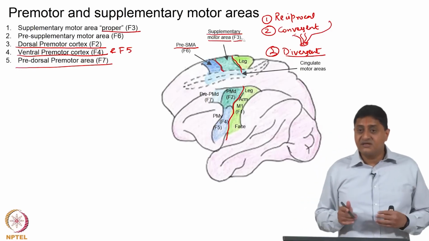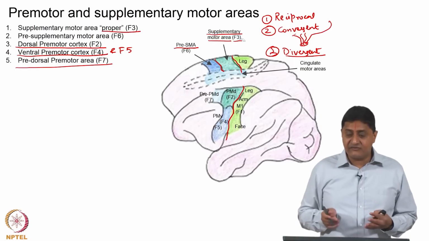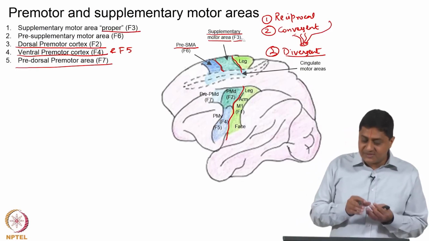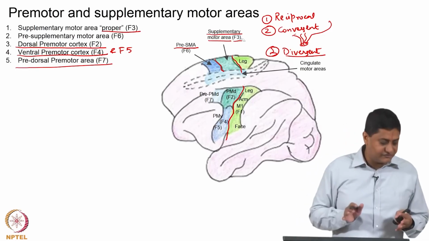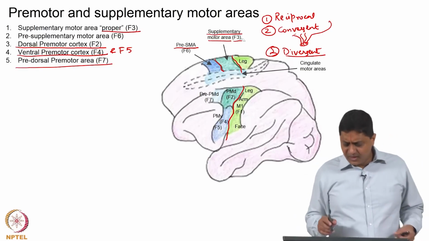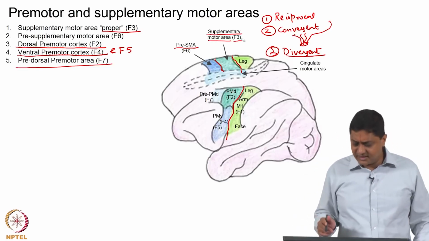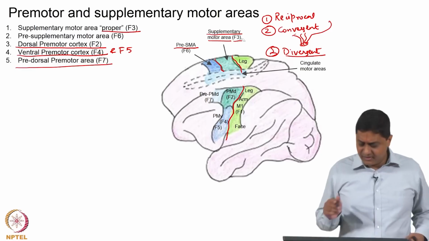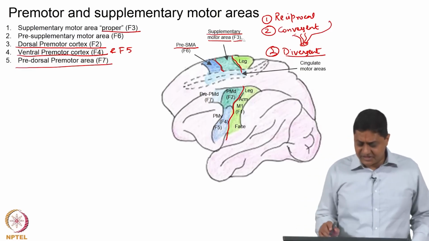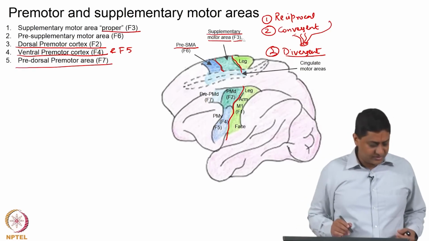So, in other words, functionally these are different, but also properties of neurons within these areas are different. So, that is one aspect of the connections within the premotor region.